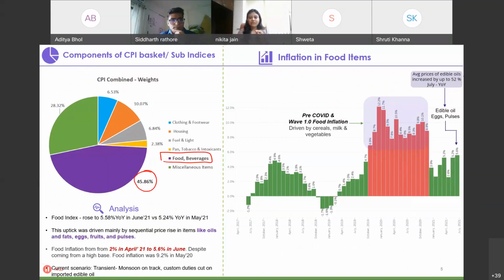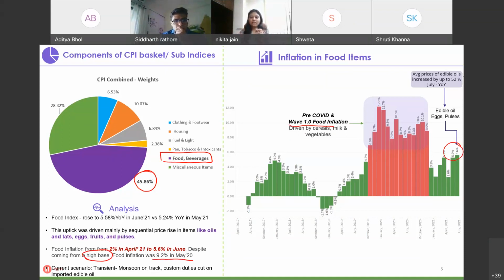If you see the graph on the right hand side, in the first wave it was contributing a lot, but in the last 2 months the inflation has been below 6%, which is within the tolerance limit. But there are two caveats I would like to mention. The first is that this is because of the high base of the past year. Even if the number has been below 6%, we have to be mindful that it is on a very high base of the past year number, because we are calculating it on a YOY basis.